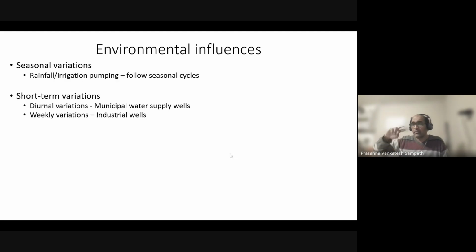So that's a diurnal variation. Every day there will be two peaks in demand, which means there will be a spike in the pumping. It will not be continuous pumping all the time. They'll pump out the water, treat it, send it out, and then for the next peak again there'll be some pumping happening, and again treatment, and then again supply throughout the city.